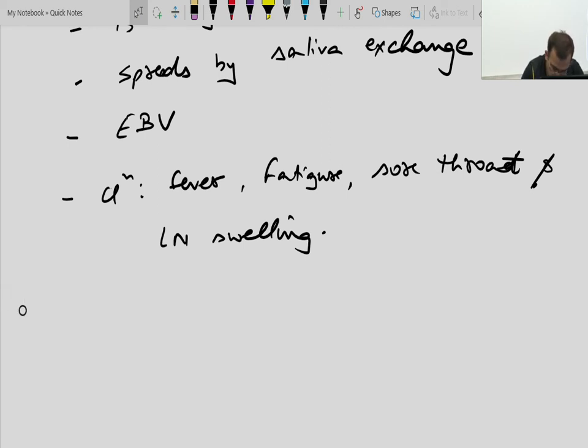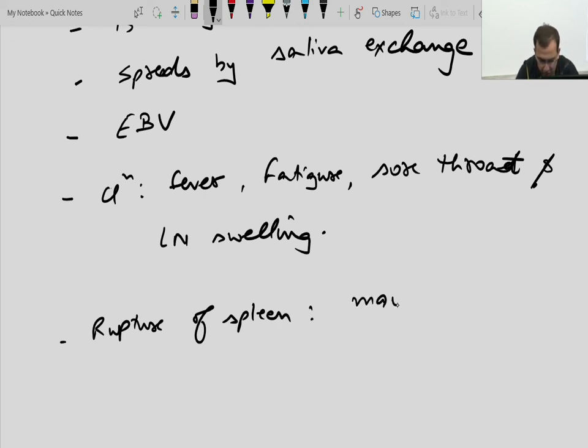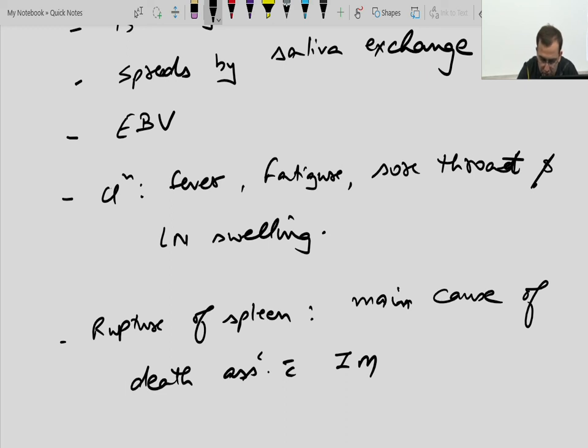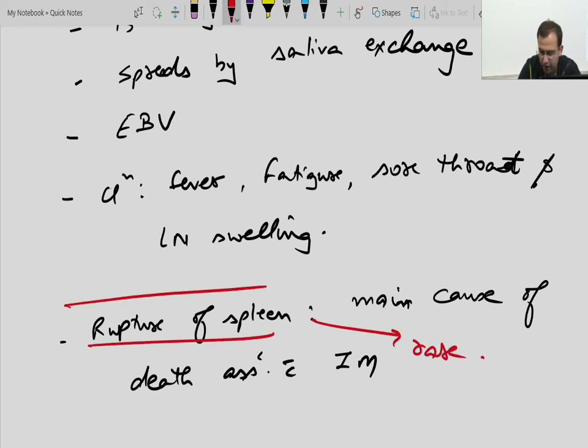Next point, rupture of spleen. Rupture of spleen is the main cause of death associated with infectious mononucleosis. Though this rupture is extremely rare, it is the main cause of death.